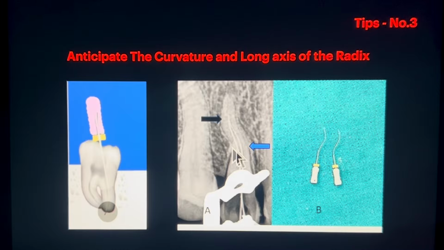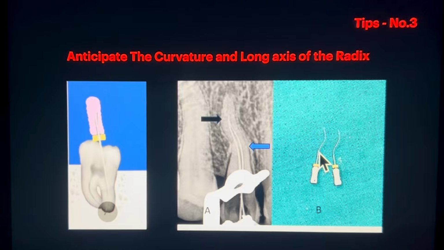If you enter the initial apical file, that is your initial negotiation file, and reach the apex and remove the file from the canal, as seen in the right side picture, the working part of the file will clearly depict the probable curvature and the anatomy of the canal.